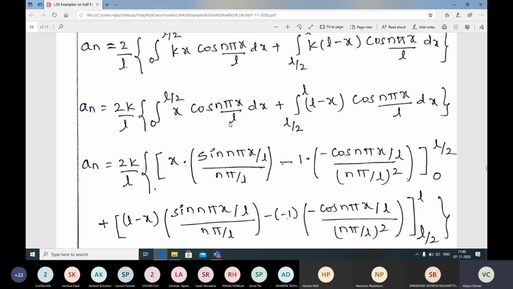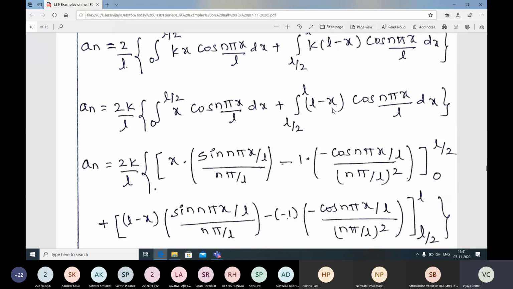So this is also product of two functions and this is also product of two functions. So here we have polynomial trigonometric and here also polynomial trigonometric. So always we take polynomial as a u. So here in this term, first function is u and second function is v. Apply Bernoulli's rule, integration by parts.